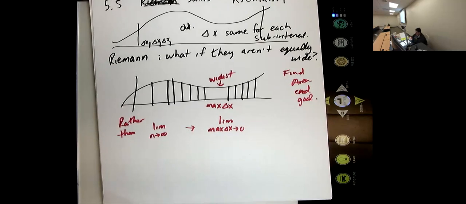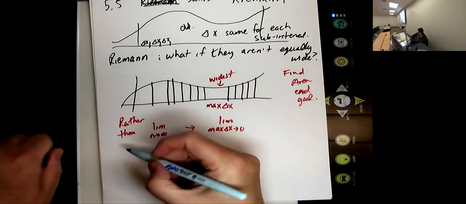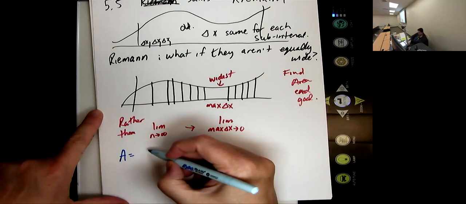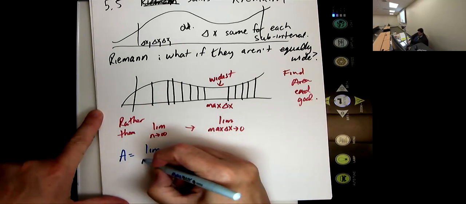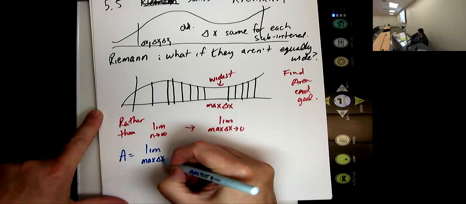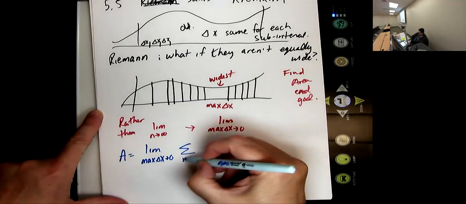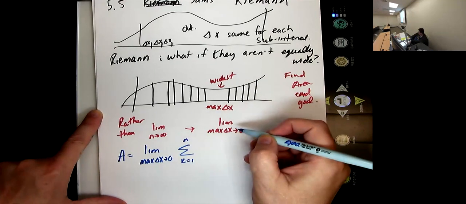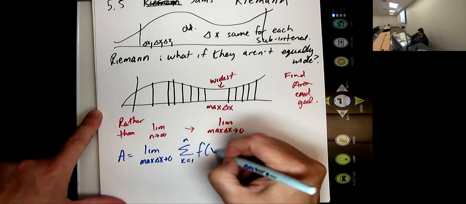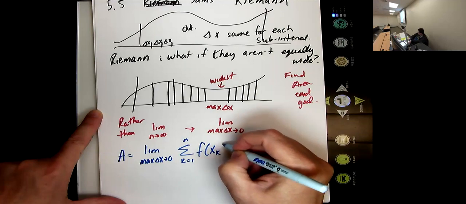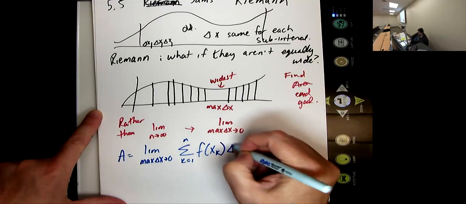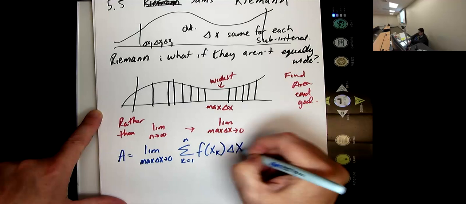So that's what we're going to have. Our area now shifts to the limit as max delta x goes to 0 of the summation of k equals 1 to n of f of x sub k times delta x sub k.